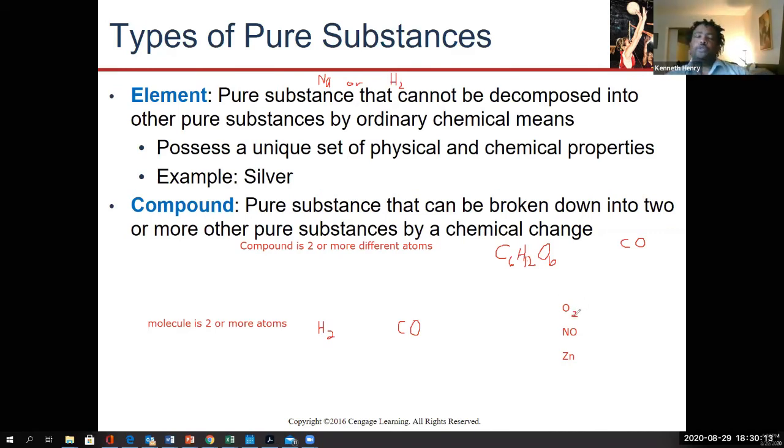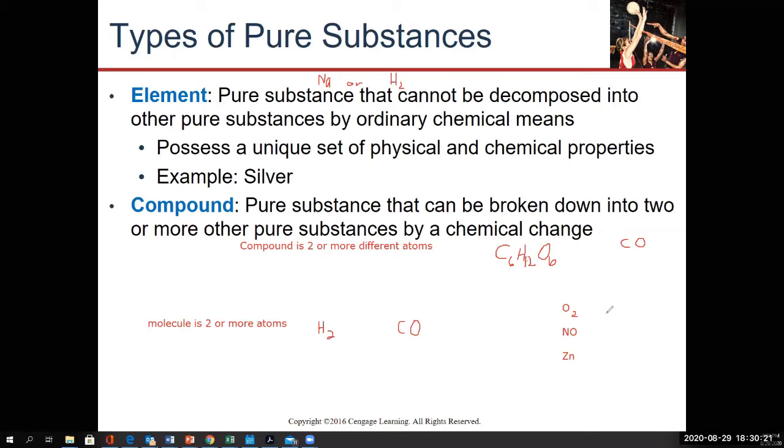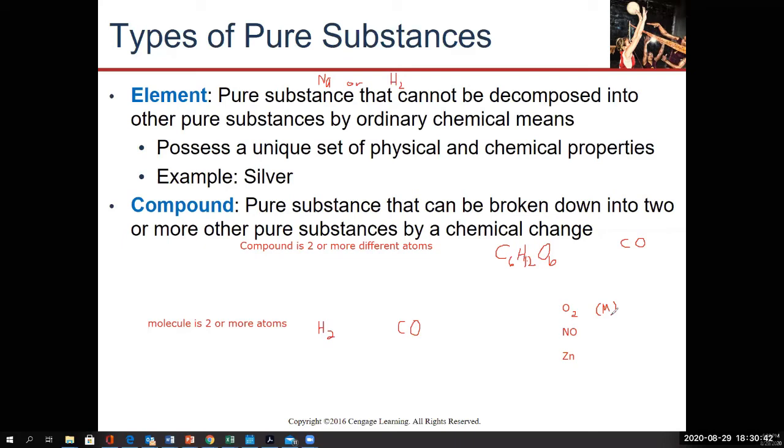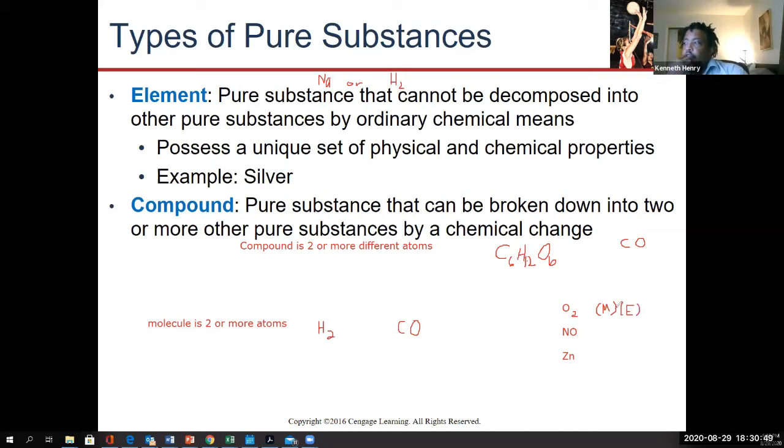O2: element, compound, or molecule? Molecule. I'm just going to use M for short, since I'm being lazy. Is it an element? Yes. So it's a molecule and an element.